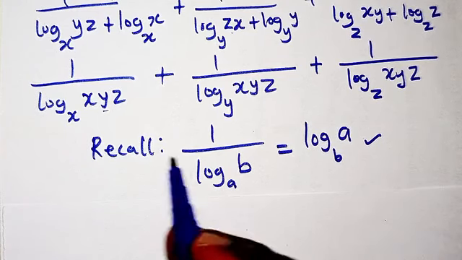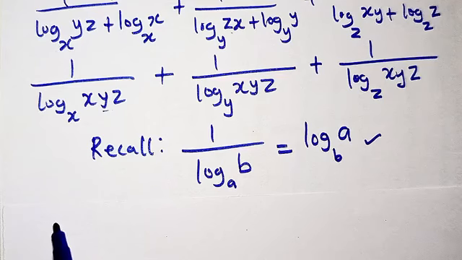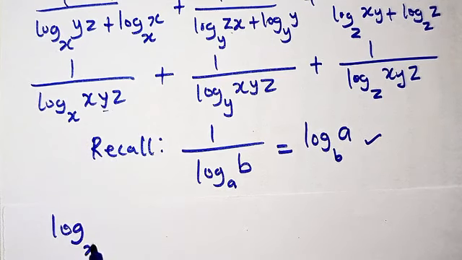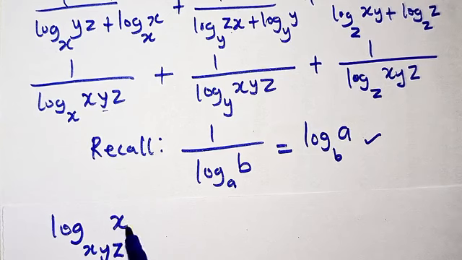So now we're going to write 1 over this in this form. I'm going to interchange it: xyz will turn to base, and x will turn to argument.